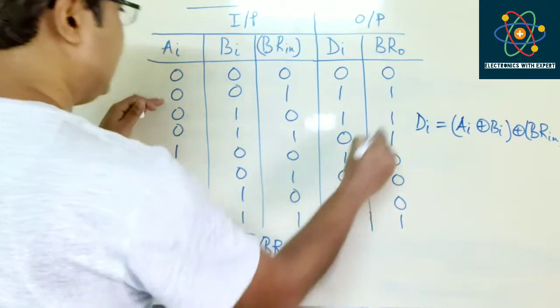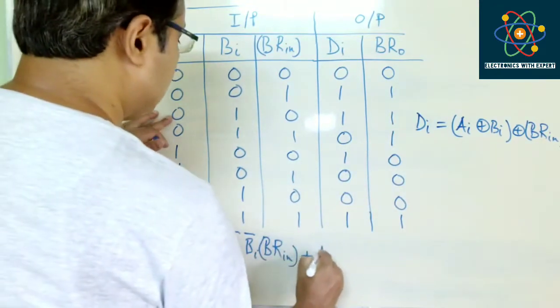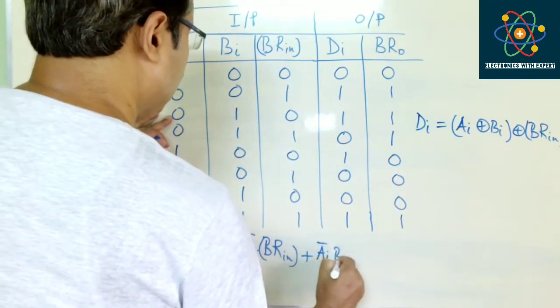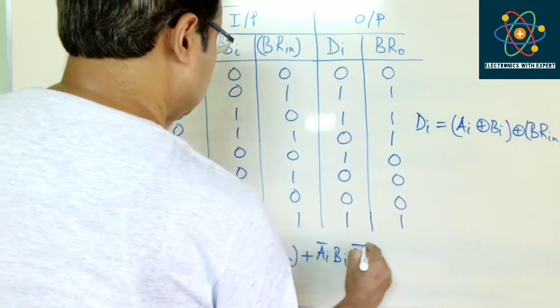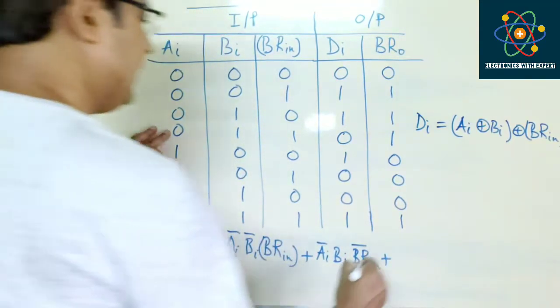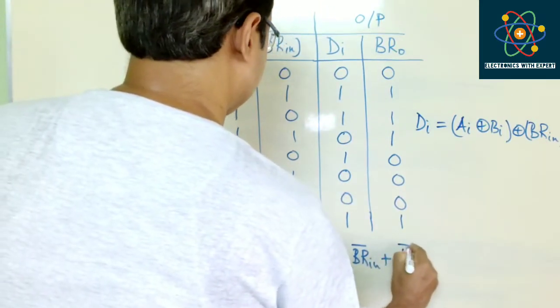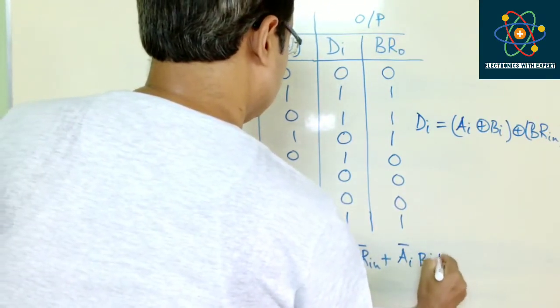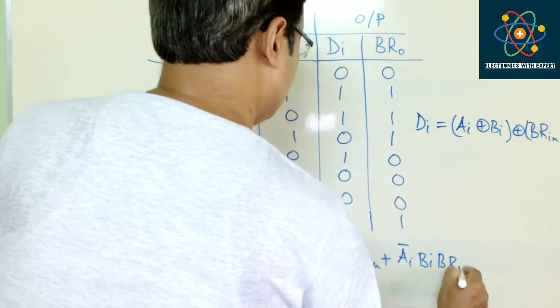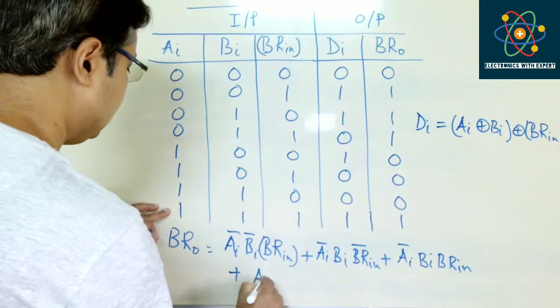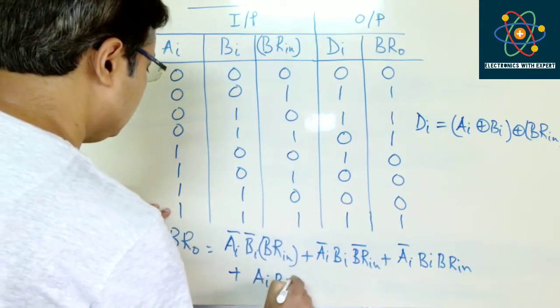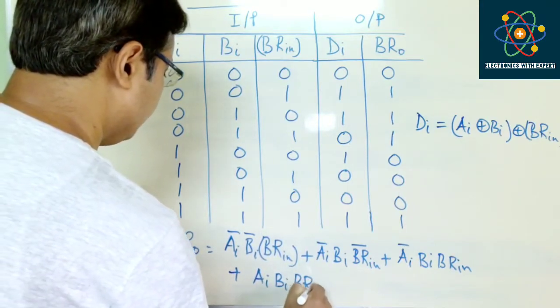Then the second one, that is Ai bar Bi borrow in bar. Now the third one is Ai bar Bi borrow in, and the last one, number 4, that is Ai Bi borrow in.